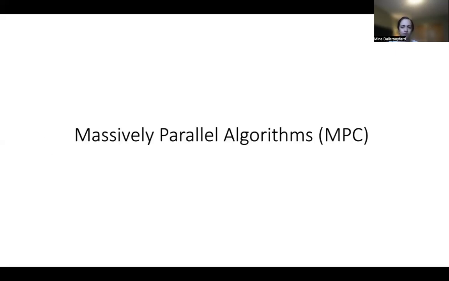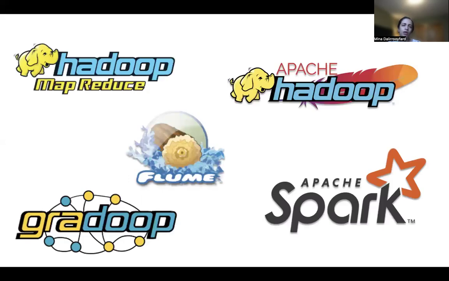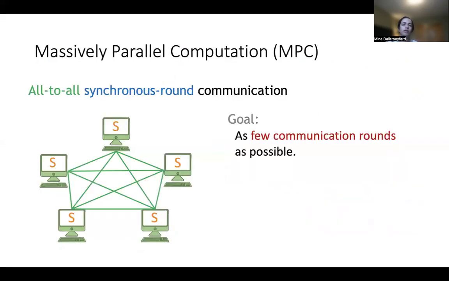Okay, so let's first define MPC. If you're familiar with any of these platforms like MapReduce, MPC is the theoretical abstraction of these platforms. Otherwise, if you are not familiar with those, think of it this way: we have a lot of different machines. Each machine has limited memory, but a lot of computation power.